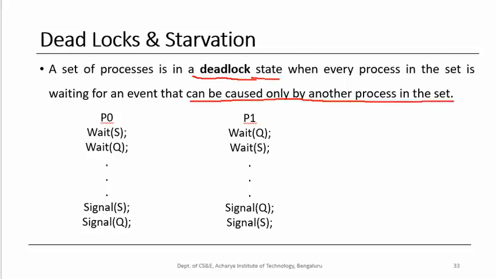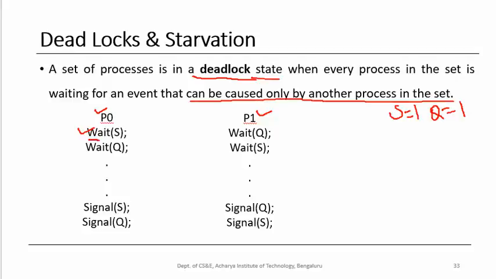So that means let us assume that we have two processes P0 and P1 running concurrently, and here we have two semaphores S and Q. Let us also assume that the values of S and Q are initialized to 1. So first let us assume this order of execution.